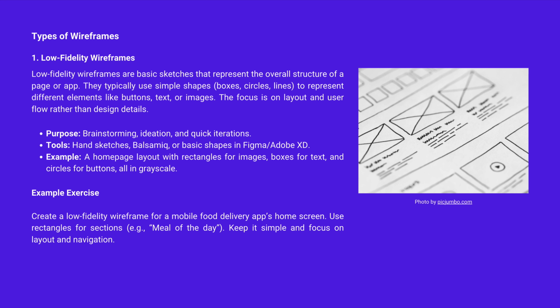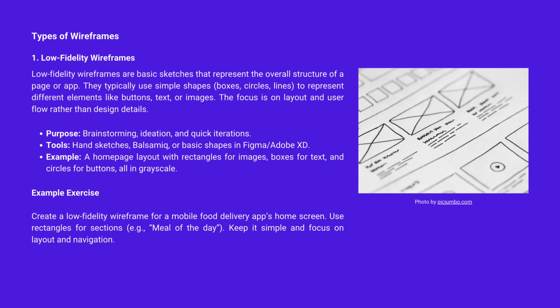Let's look at some of the reasons why we need low fidelity in our design process. The first one is brainstorming. The second, ideation and quick iteration. Some of the tools used for this include hand sketch, Balsamiq, or basic shapes in Figma and Adobe XD.